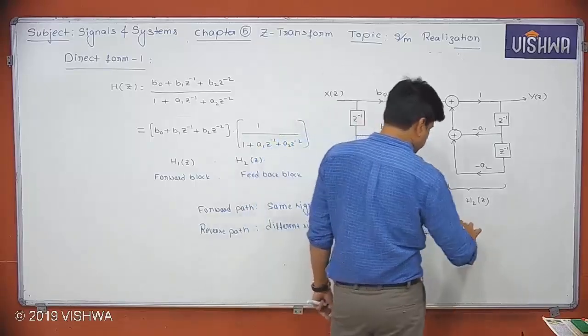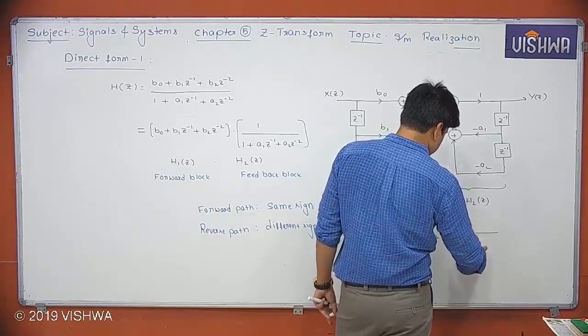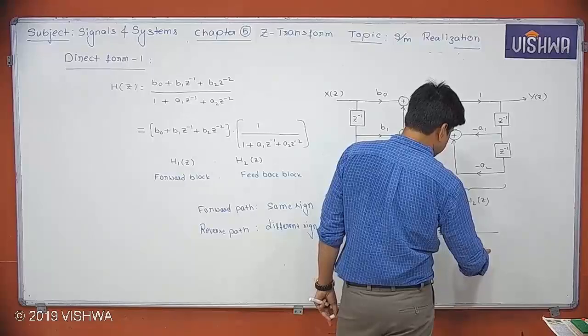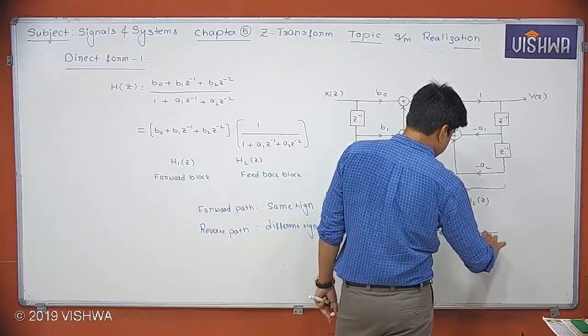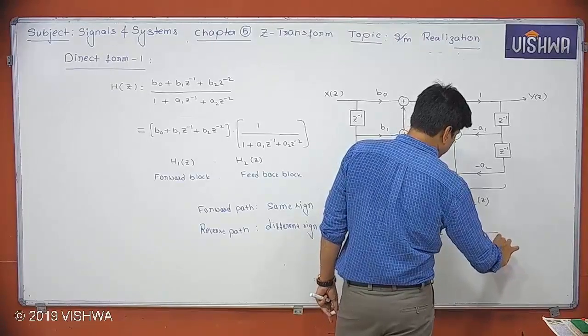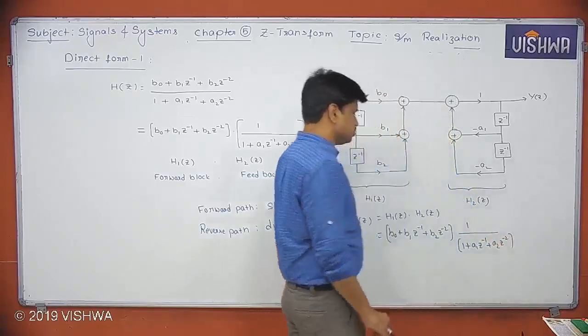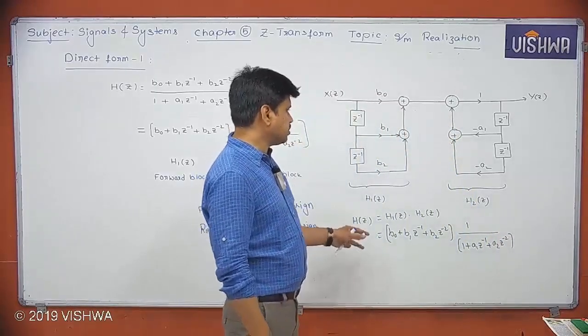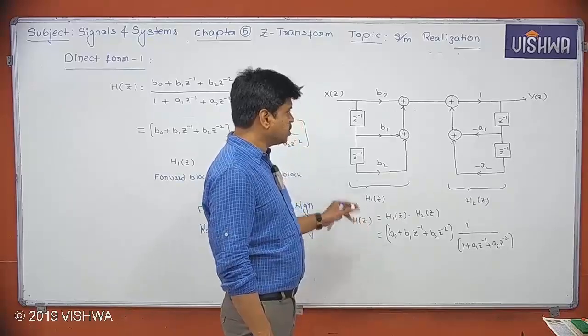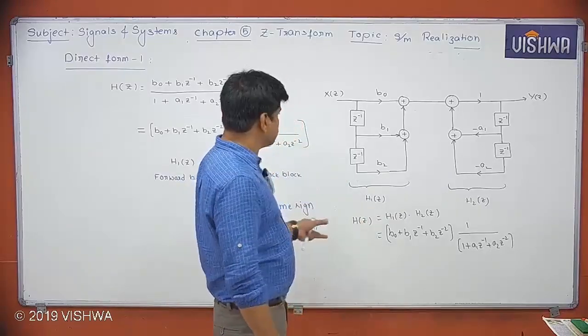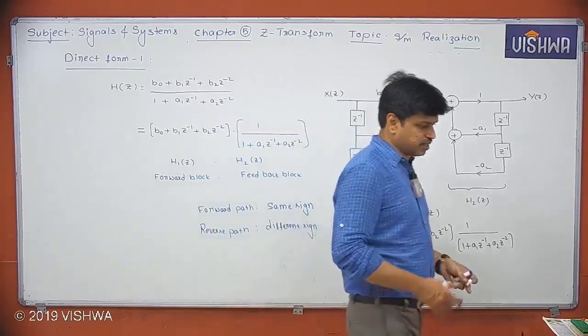Next, H2 object, 1 plus A1 Z inverse plus A2 Z power minus 2. Okay. So this is nothing but the transfer function. First take down this, then we will write some more points regarding this.